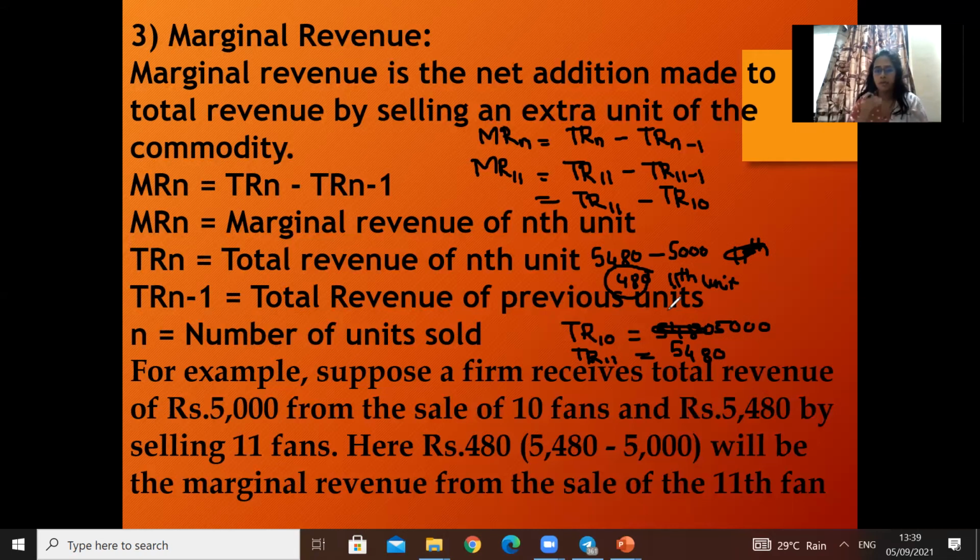But I have to find out exactly from the 11th, one more addition. That is, after selling 10 units, one more addition was made, and because of that one more addition it became 11, but exactly how much did we get from the 11th? Understand this concept. After selling 11 units, after selling 10 units, this gap is the 11th unit, that is the marginal unit. What is received after selling 11 compared to selling 10, that is marginal revenue.